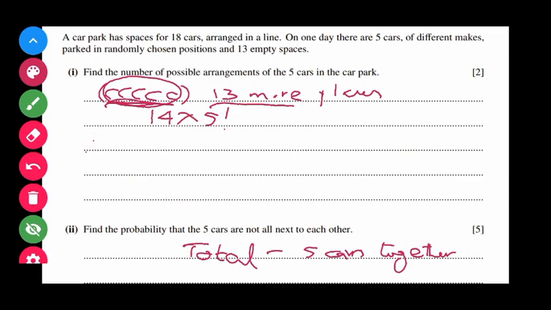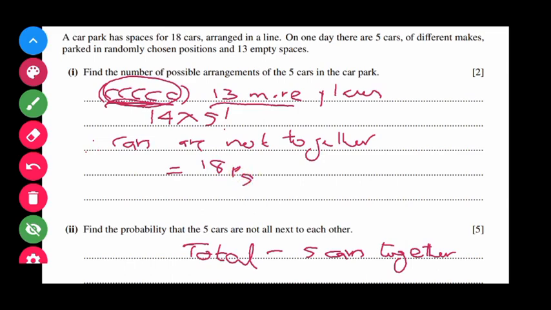Therefore, number of ways cars are not together is total arrangement. Total arrangement is 18P5. Already we found the value of that.